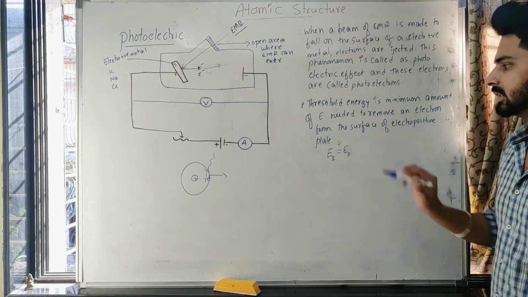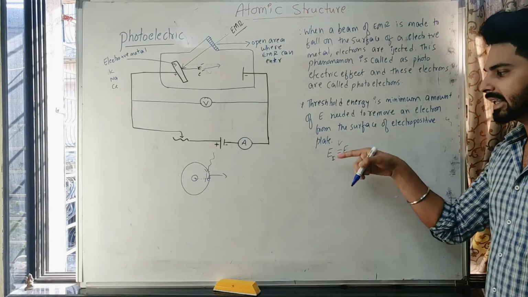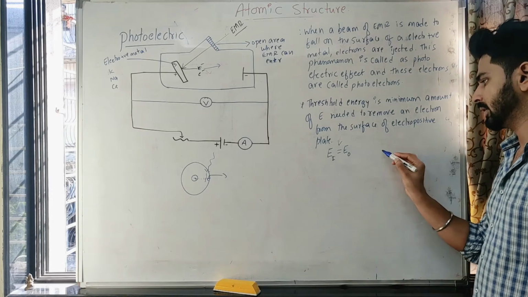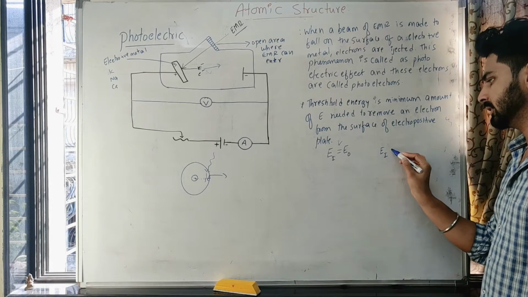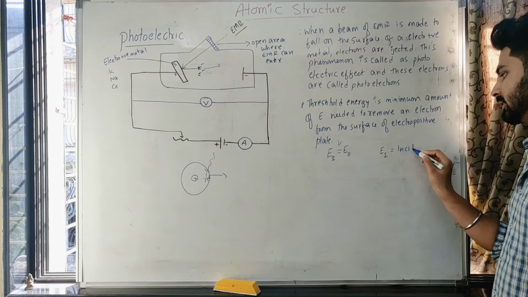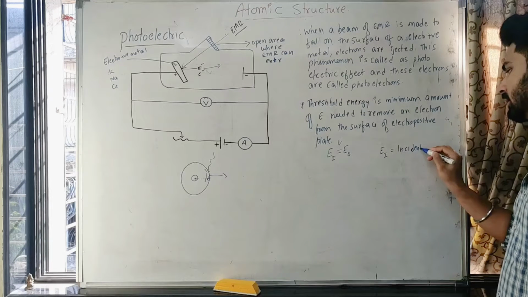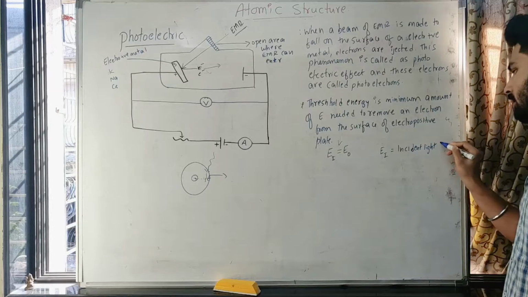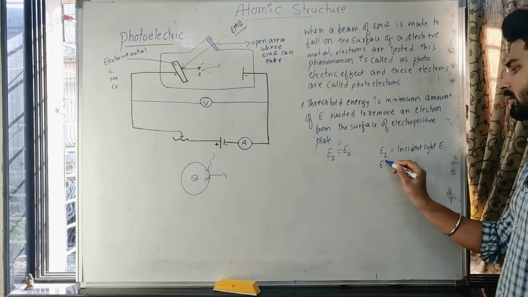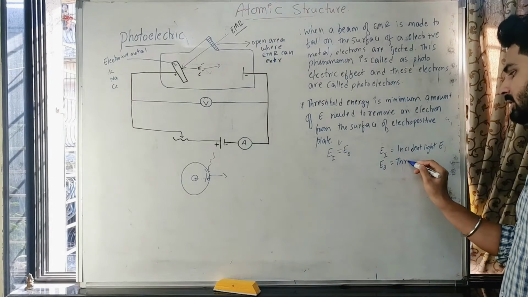This is the case when exactly that much energy is supplied, where EI is the incident light energy and E naught is the threshold energy.